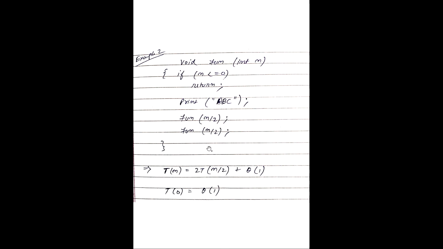Then it will also run abc for the other 5 times, so it is running 2 times but dividing by 2. So the time complexity of n would be n by 2, but as it is running for 2 times, we multiply it with 2. And for the last case, it is running for 1 time, that is theta 1, and that is constant. If it is 0, then it would run for theta 1, that is constant.